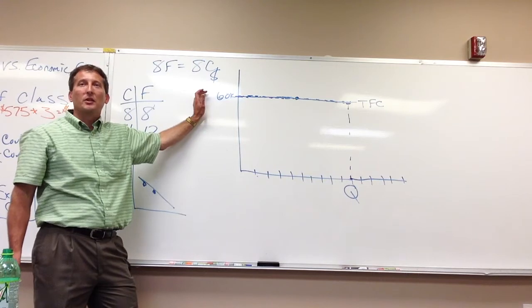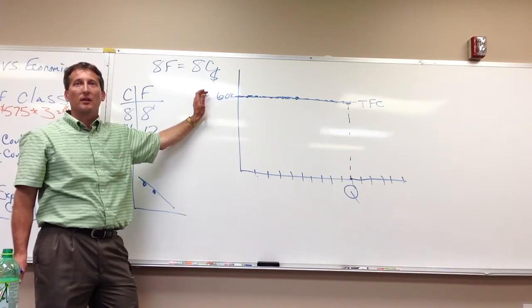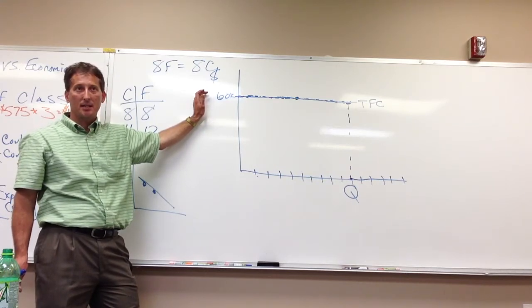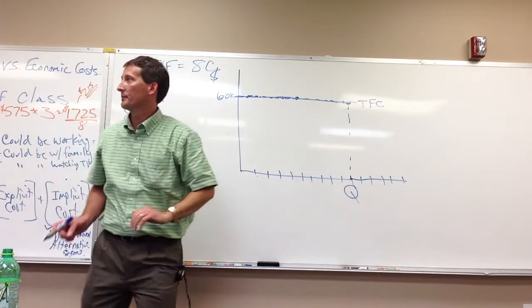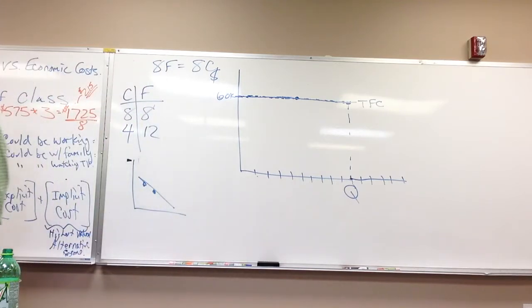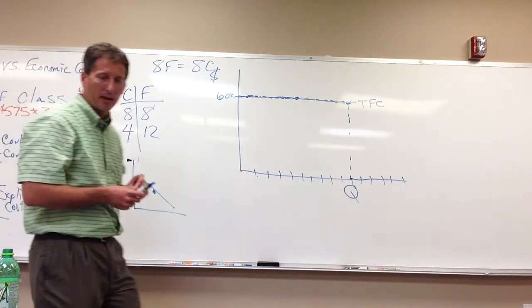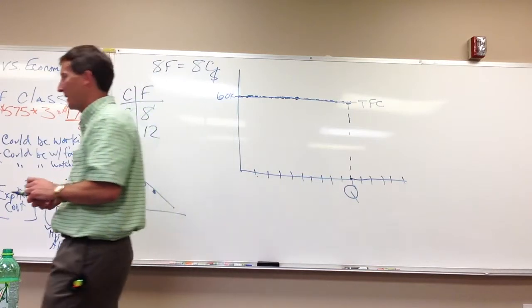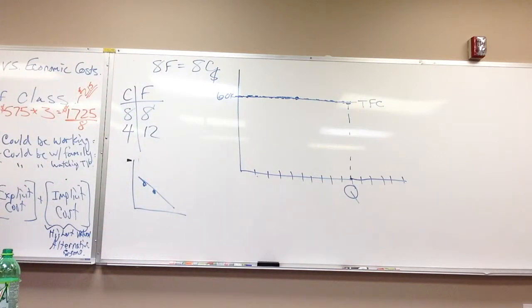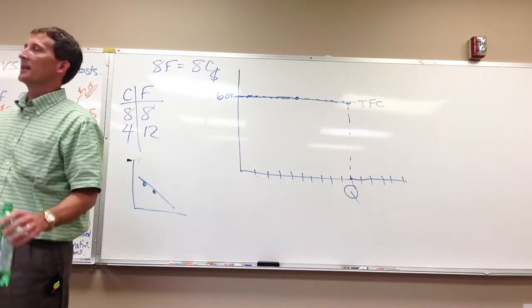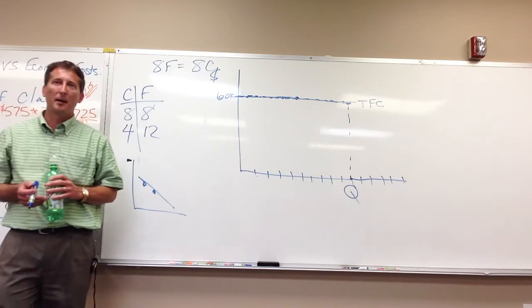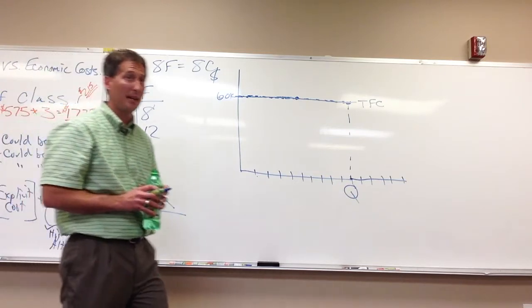What does the average fixed cost function look like? Can you see that graph okay, Denise? Yeah. What do you think about the average fixed cost? Do you remember what the average fixed cost was on the little example we did earlier? $6, that's correct. It was $6 because we were producing 10,000 units.